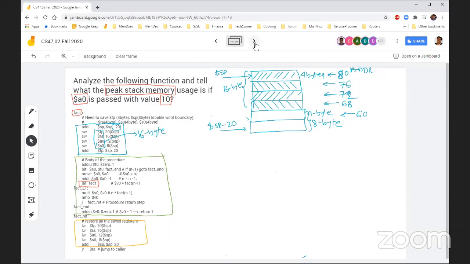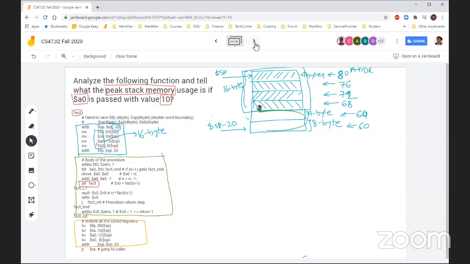So we are practically storing 16 bytes, but this is 64, this one is 60. We're actually having some free space. This is free space for an upcoming push.